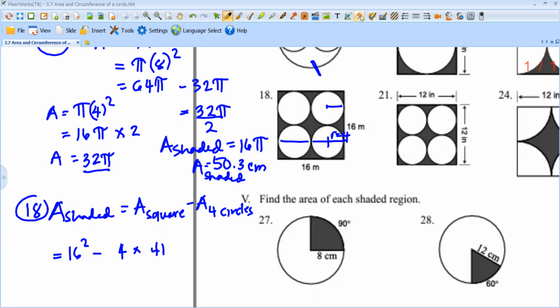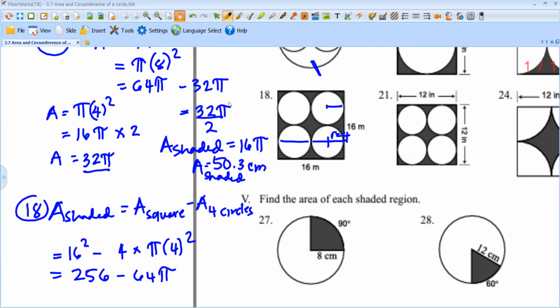So therefore, we have 4 pi r squared, 4 squared pi r squared. Okay. So that is 16 multiplied by 16, which is equal to 256, minus 4 times 16, 64 pi.